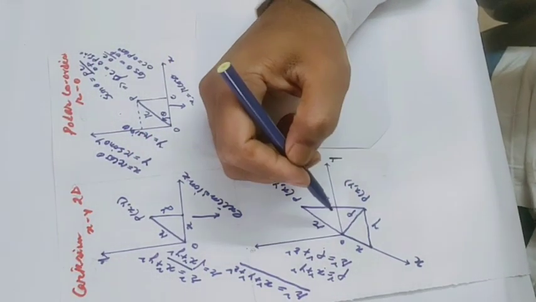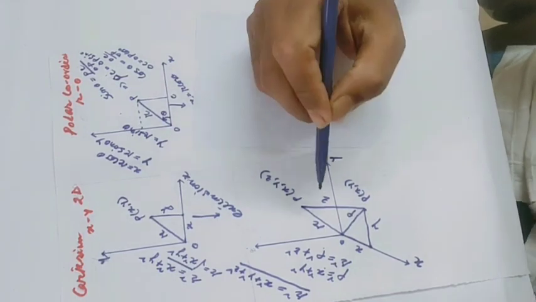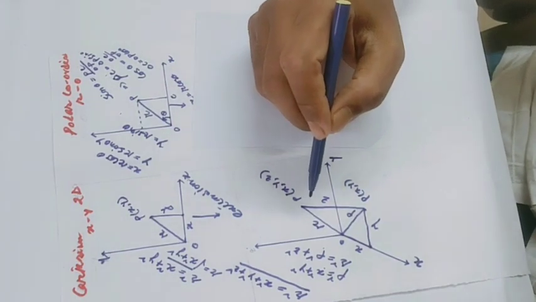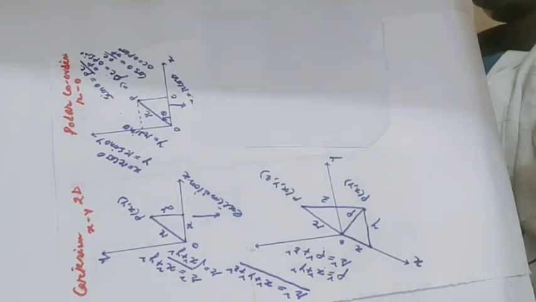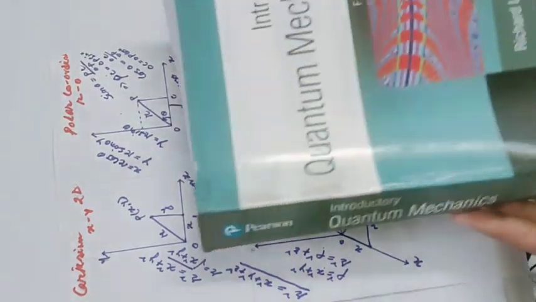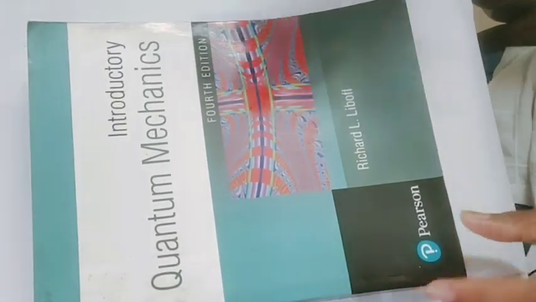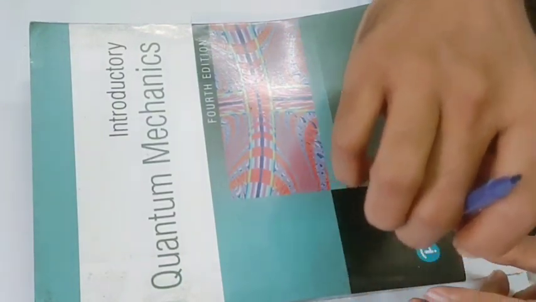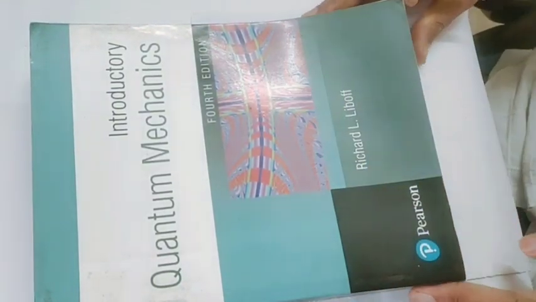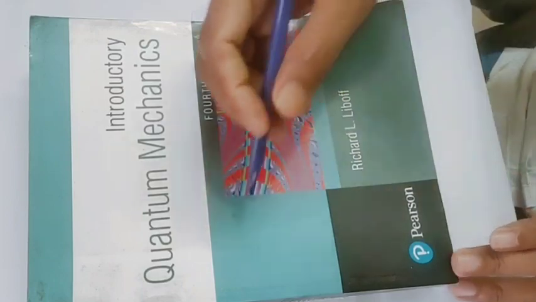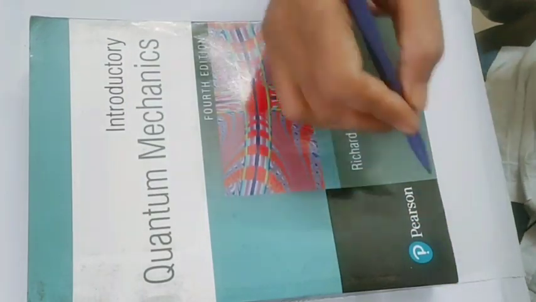But when we draw simply like this, it is very difficult for us to understand. Suppose I have considered a book as the rectangular object. You can visualize the thing like this. This is the x-axis, this is the y-axis, and along this is your z-axis. Now you can vary along the x-axis to get the whole book.